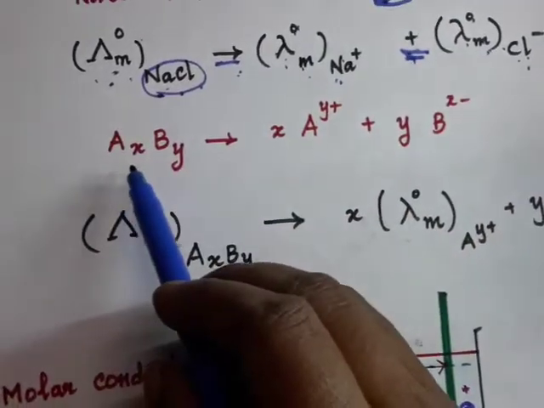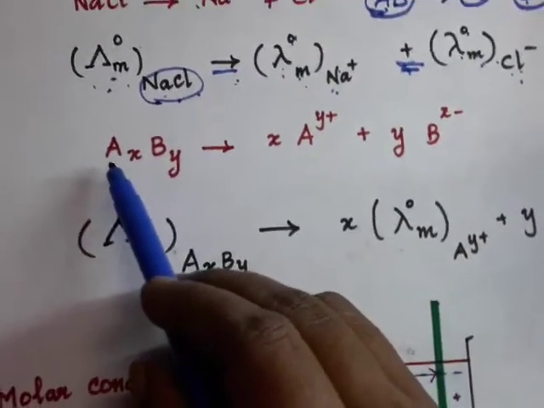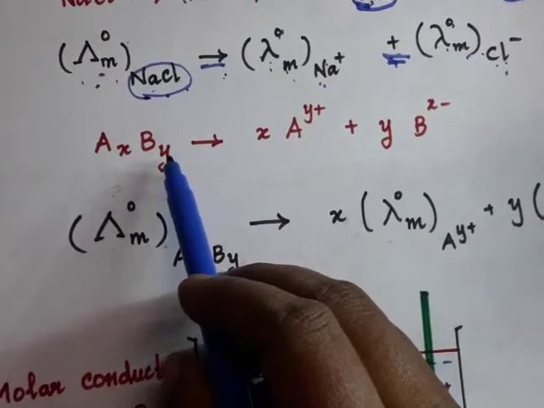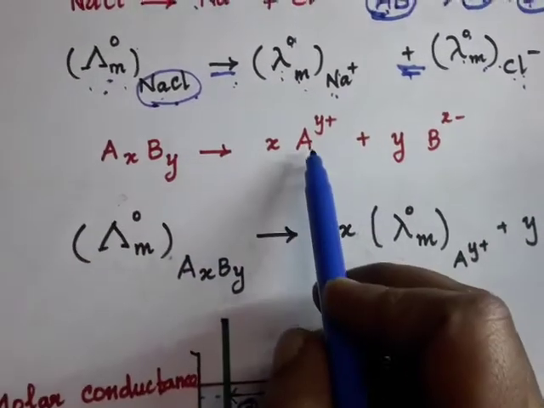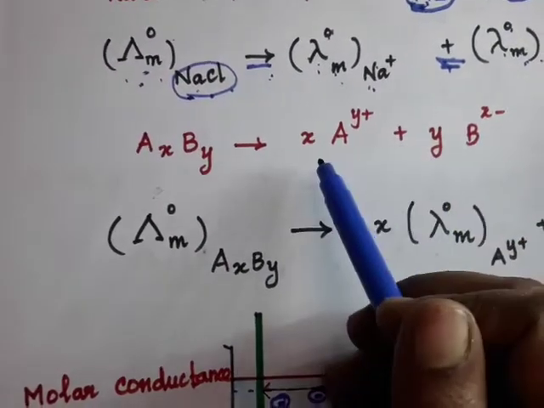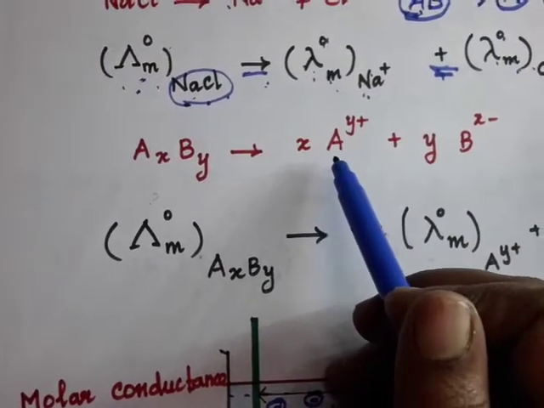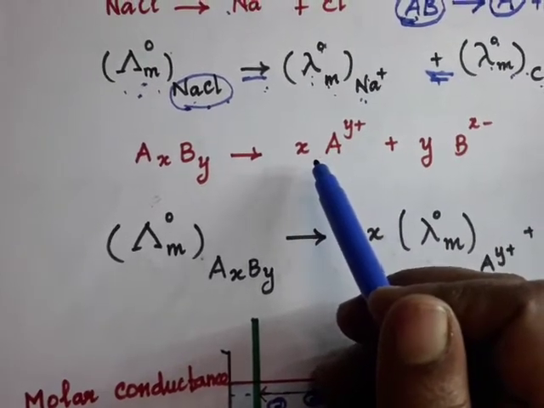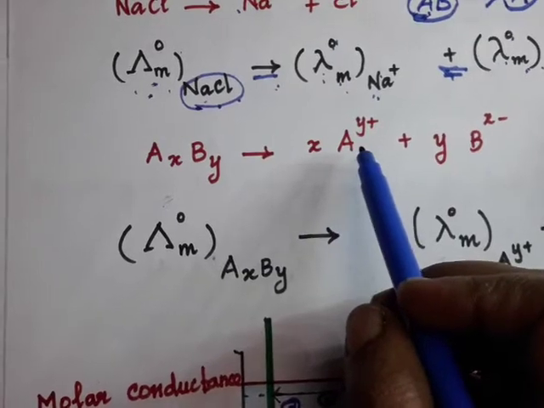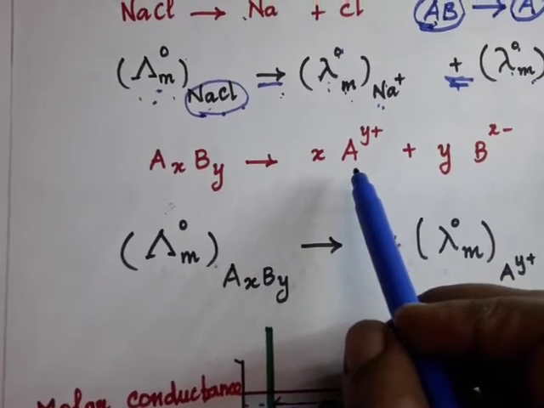Let me see with another example. We have AxBy as an electrolyte. When it is ionized, this balancing equation we have seen already. Where did you see this? In the solubility topic, when you learn solubility in ionic equilibrium, I told how it comes.